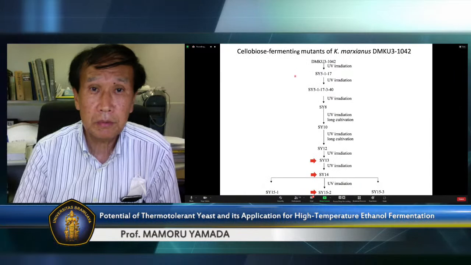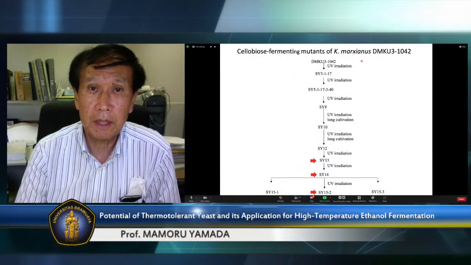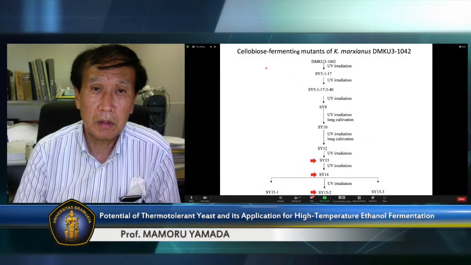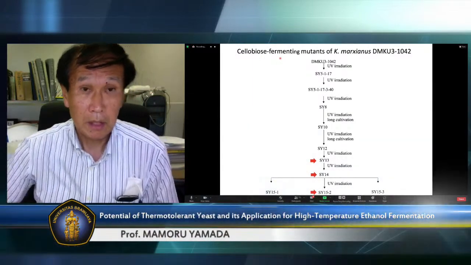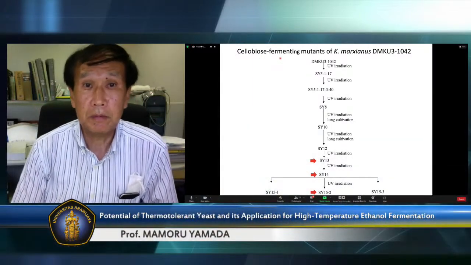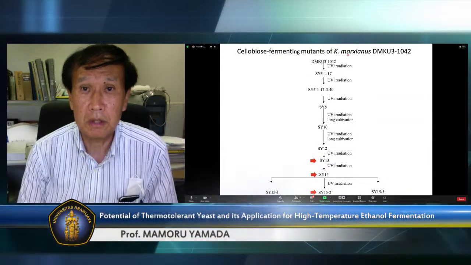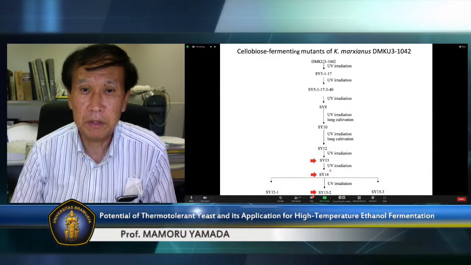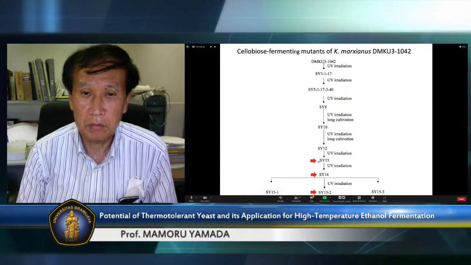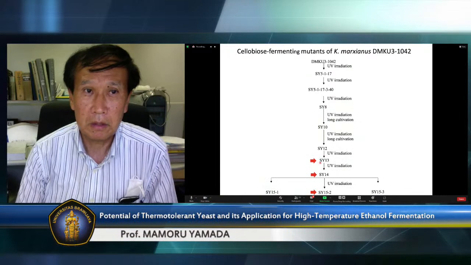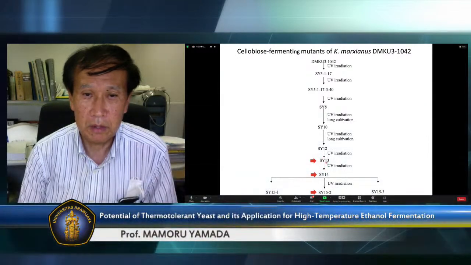So we tried to mutagenize Kluyveromyces to obtain a cellobiose-fermenting mutant, because we know the putative genes in its genome. We tried 15 rounds of UV treatment, and then finally obtained a cellobiose-fermenting mutant, especially SY13.